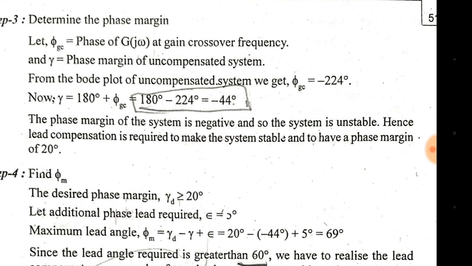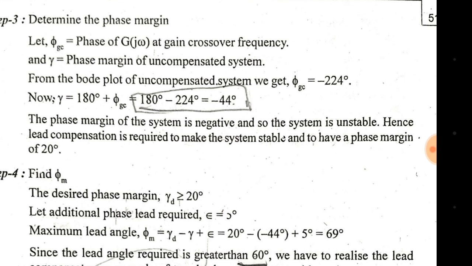That was a wrong statement. So, okay, for an unstable system, a phase lead is the required one. So we need to use lead compensation here, even though it is not stated in the question.